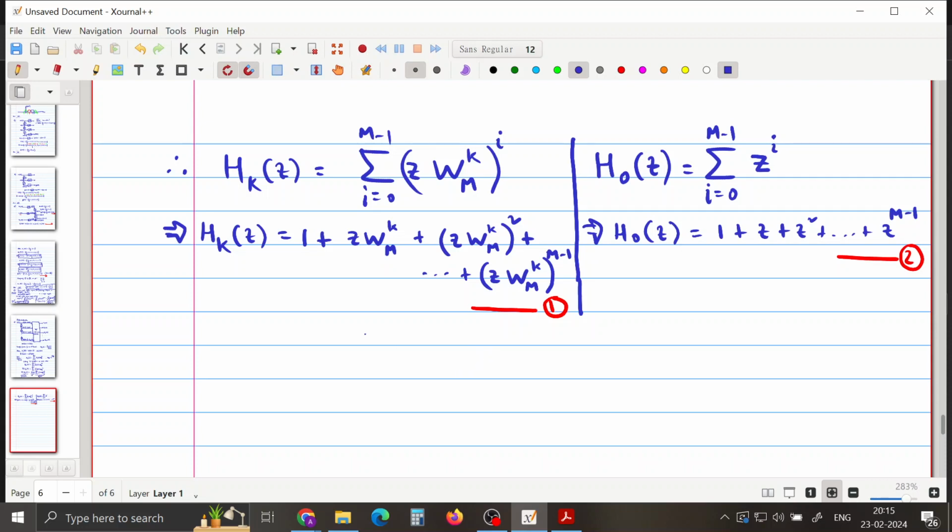So if you compare equations 1 and 2, you can relate Hk of z with H naught of z as follows. If you replace this z in H naught of z by z times Wm to the power k, you get Hk of z. That's what it is.